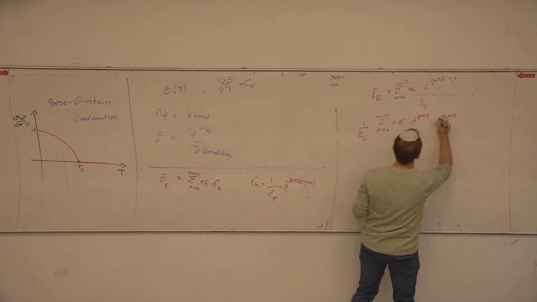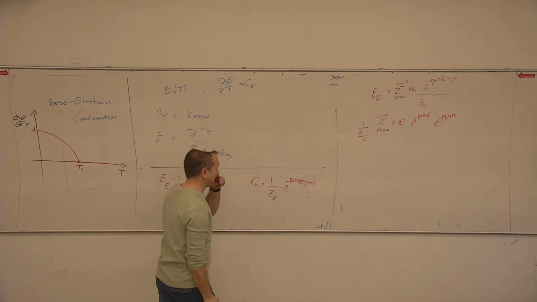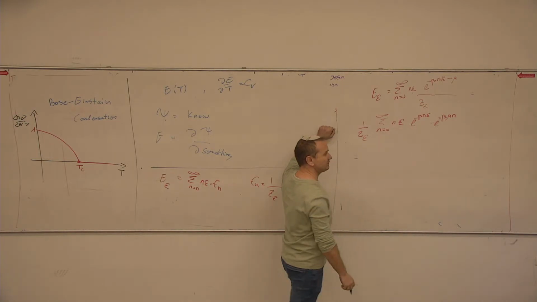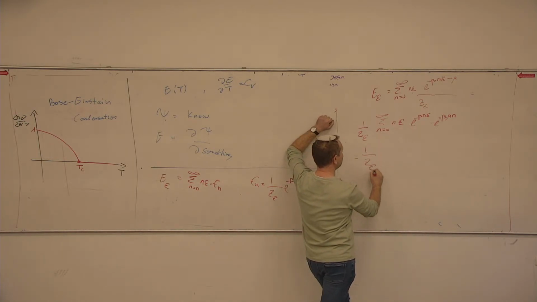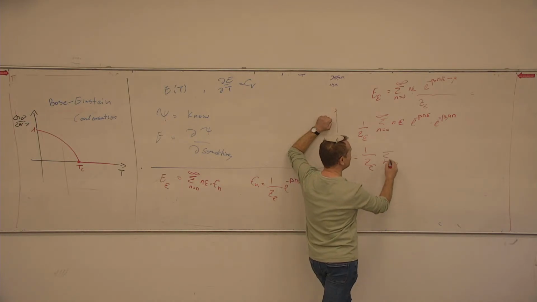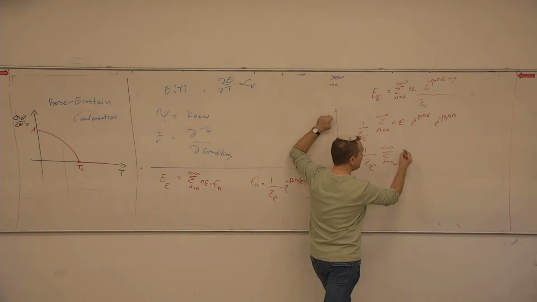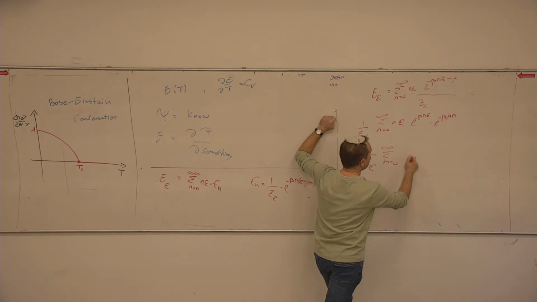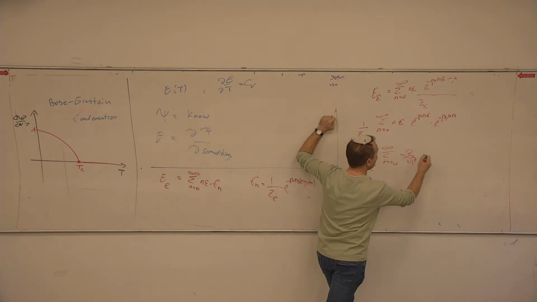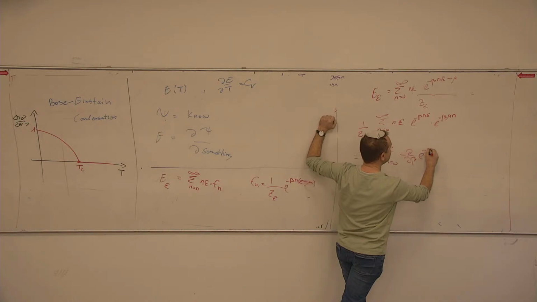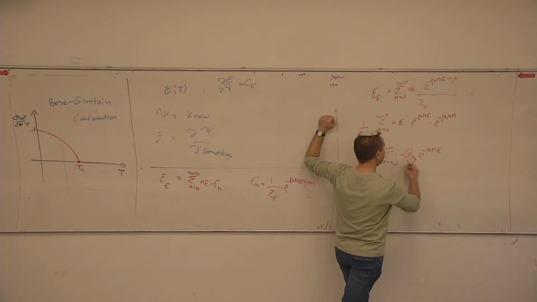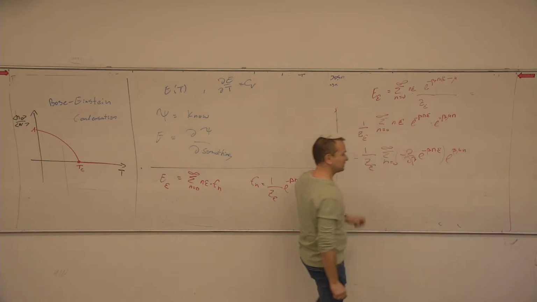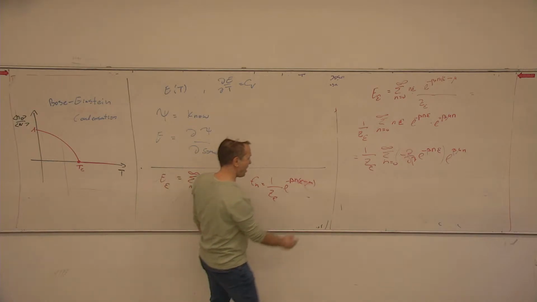Now, this guy I can treat as a derivative, right? So I have 1 over z epsilon, summation of n from 0 to infinity of minus d to d beta of e to the power minus beta n epsilon, and all of this multiplied by e to the power beta mu n. Correct?